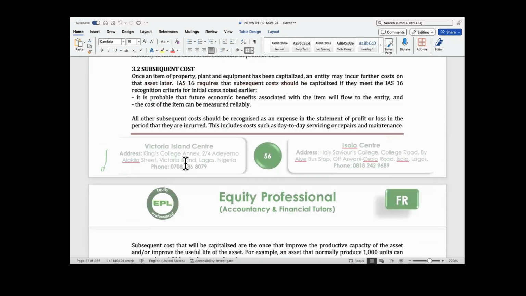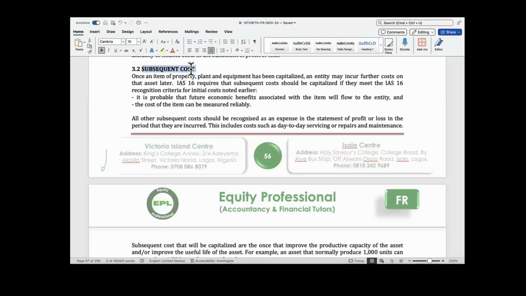Now, when you have bought an asset and you've started using it, some costs might start surfacing during the year. Such costs, we call them subsequent costs. They are costs you incur subsequent to the capitalization or to the recognition of the initial cost of an asset.